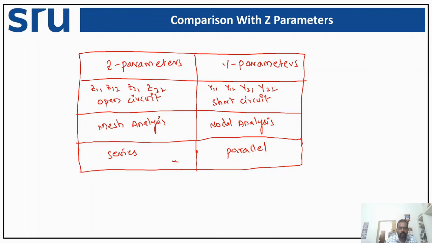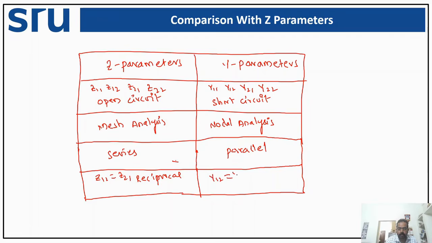And if we talk about the symmetrical and reciprocal conditions, my Z parameters are reciprocal if Z12 is equal to Z21. We say the circuit is reciprocal. And for Y parameters, if Y12 is equal to Y21, we say the circuit is reciprocal.